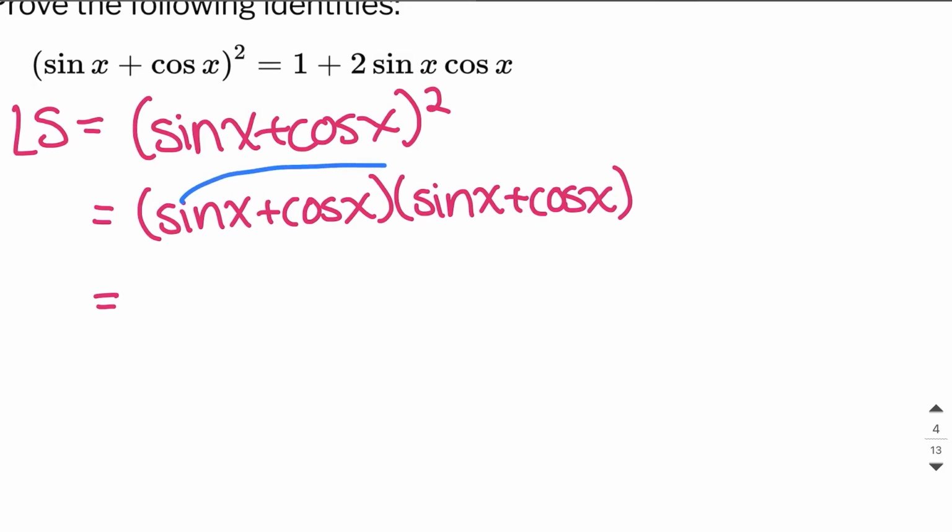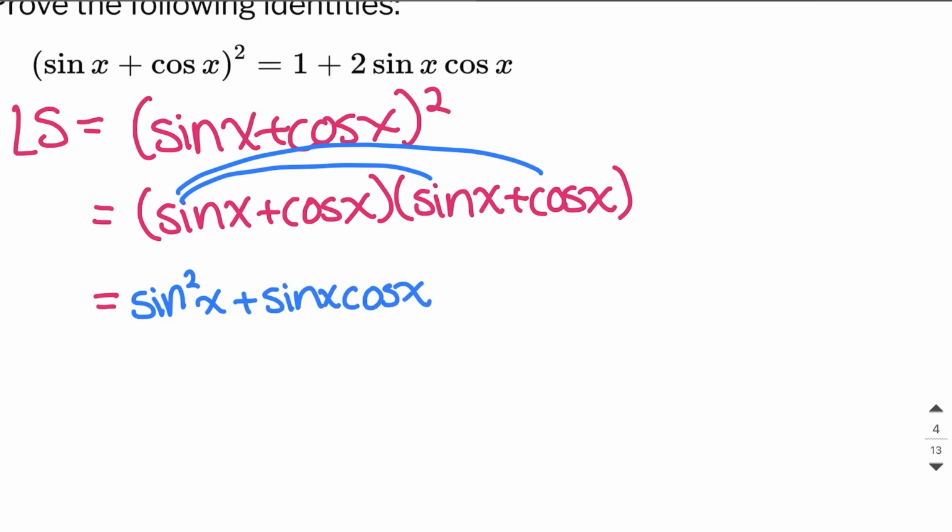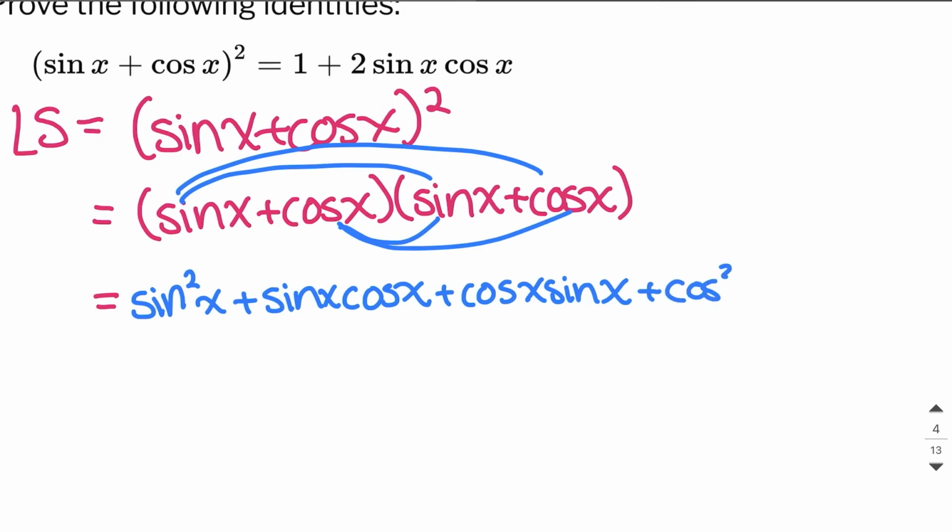When I multiply sine x by sine x, I get sine squared x. Sine x times cosine x is sine x cosine x. Cosine x times sine x is cosine x sine x. And then cosine x times cosine x is cosine squared x. Now I'm going to rearrange this. I'm going to put sine squared x and cosine squared x next to each other.